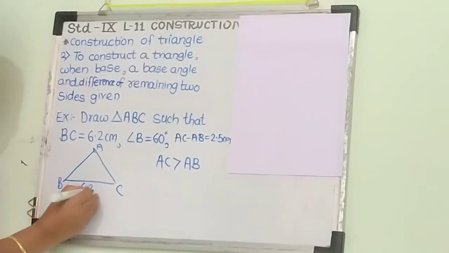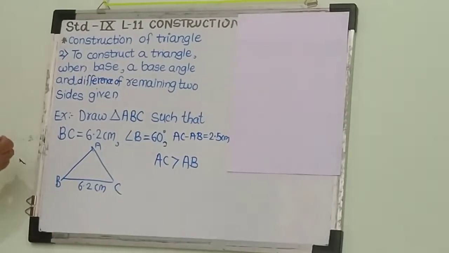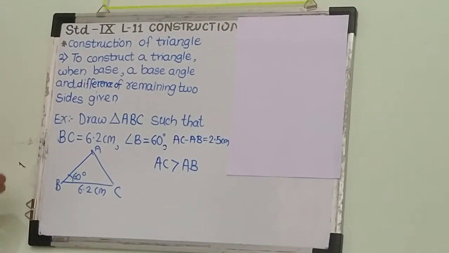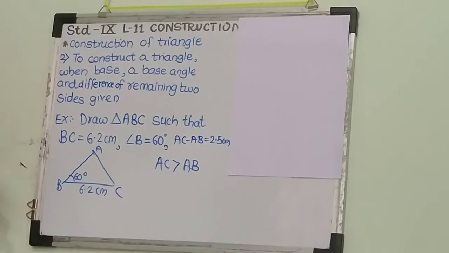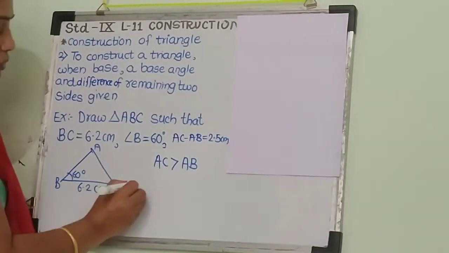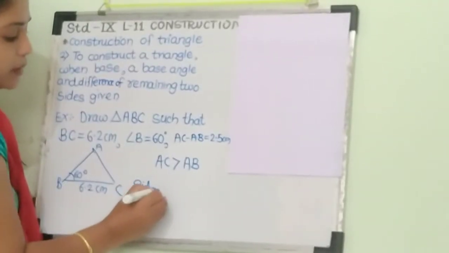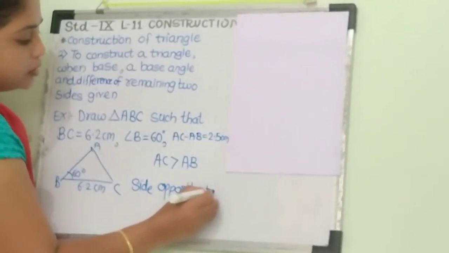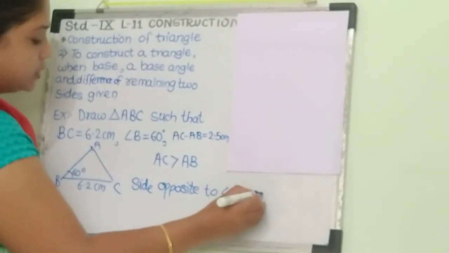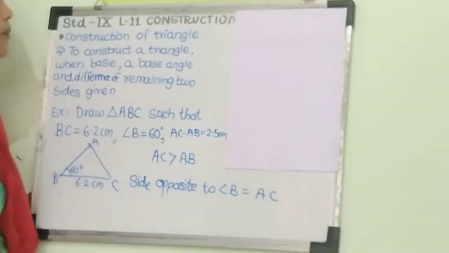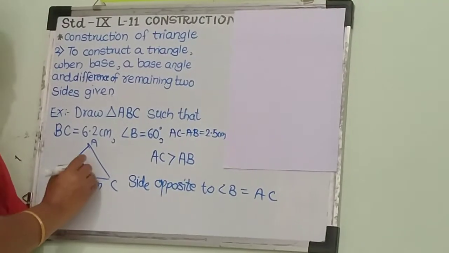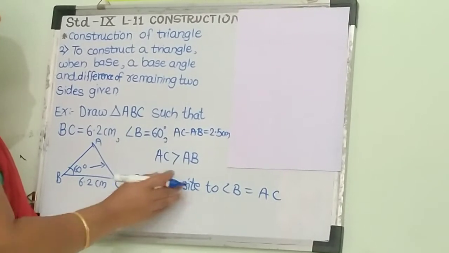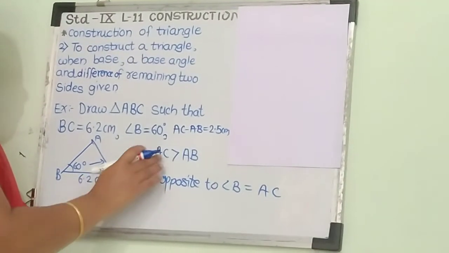Here base is given 6.2 cm. Then we have given angle B equals to 60 degree, and the difference now where it will come. Now first we find side opposite to angle B equals to AC. Here side opposite to 60 degree is side AC, and which is greater here.